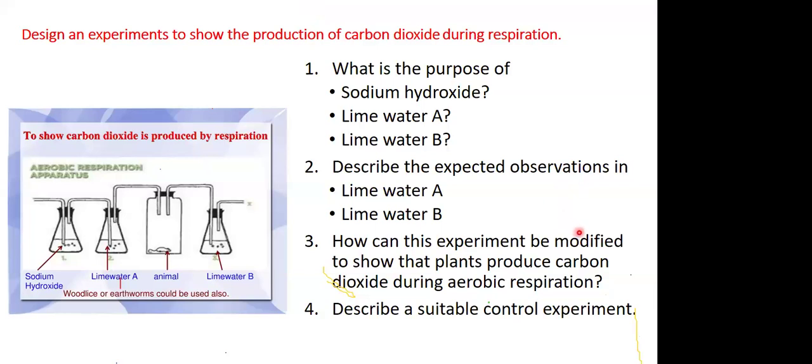I want to understand the purpose of sodium hydroxide and lime water B, because we are trying to show carbon dioxide is produced by respiration, right? But what's confusing me is, as the carbon dioxide is passing through, how would the sodium hydroxide contribute, and what will happen to lime water B, since the carbon dioxide already passed through lime water A?